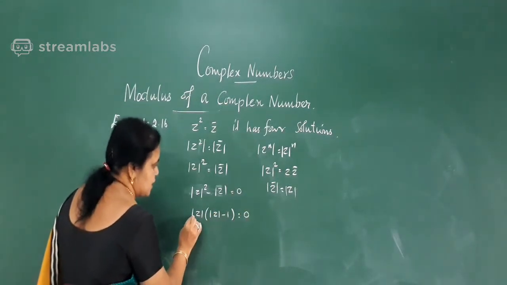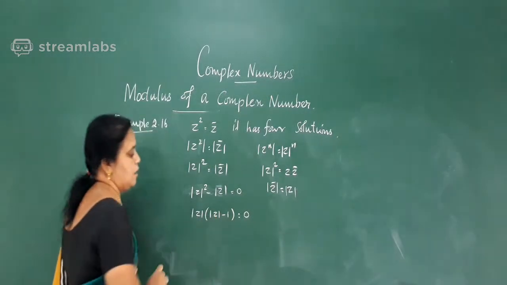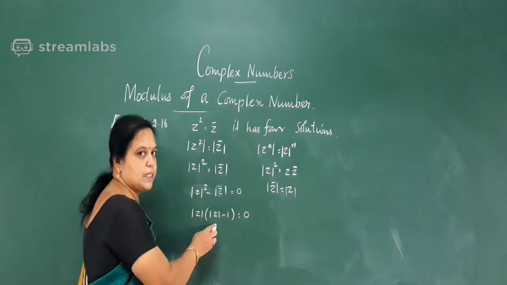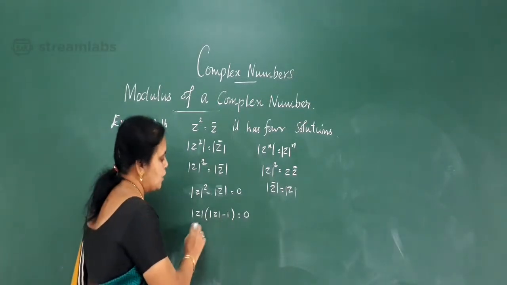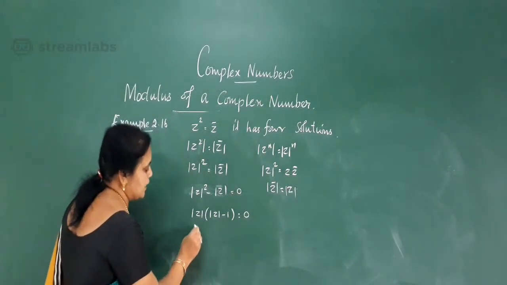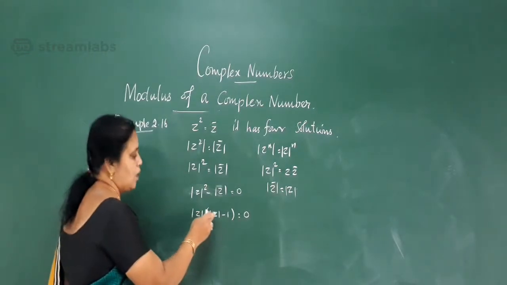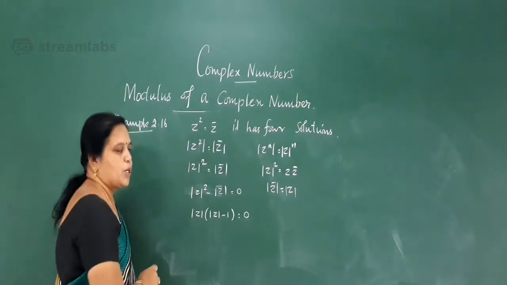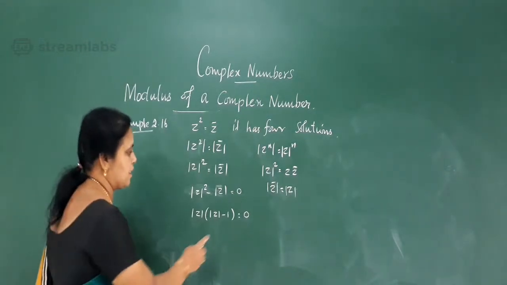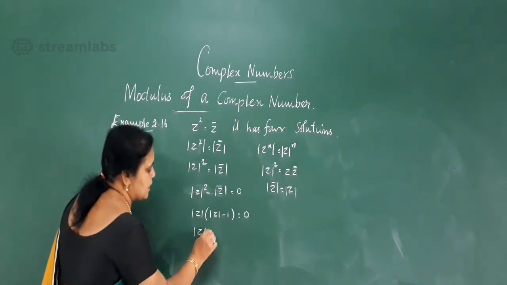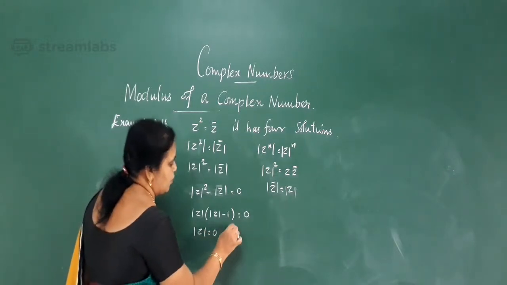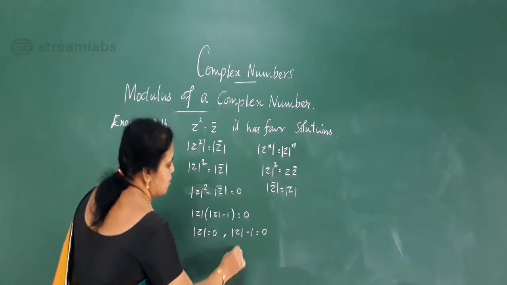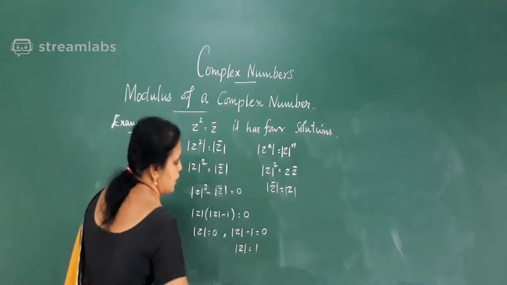Here we are getting 2 factors, one is modulus z, another one is modulus z minus 1. Either this is equal to 0 or this is equal to 0, because the product of these 2 factors is 0. So modulus z equal to 0. One more thing, modulus z minus 1 equal to 0, so modulus z is equal to 1.